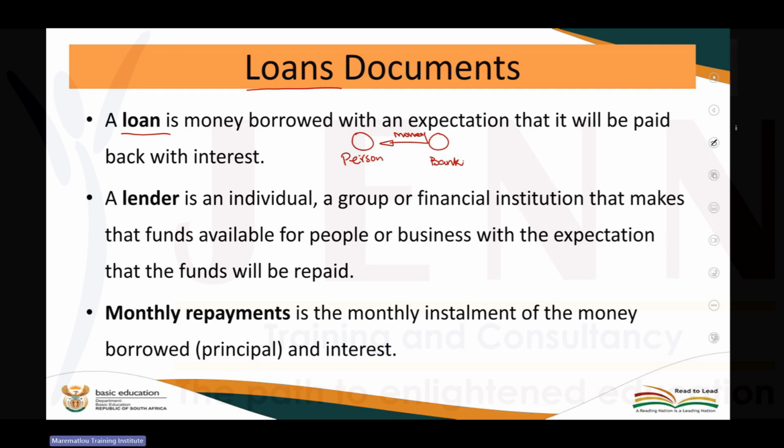Now, in financial terms, we say the person who's borrowing the money is the what? The borrower. And the bank that is giving the money to the person is the what? It's a lender.